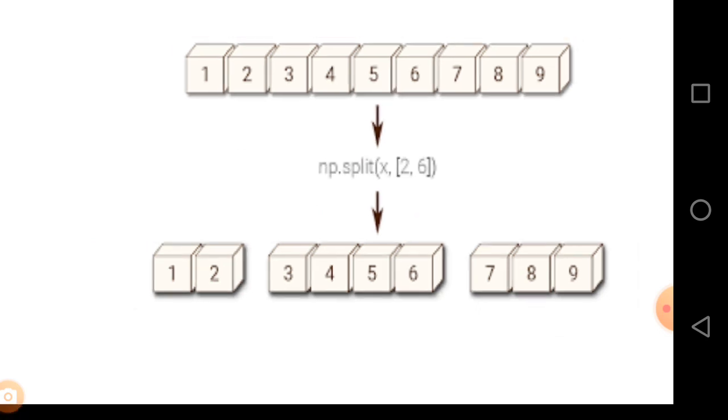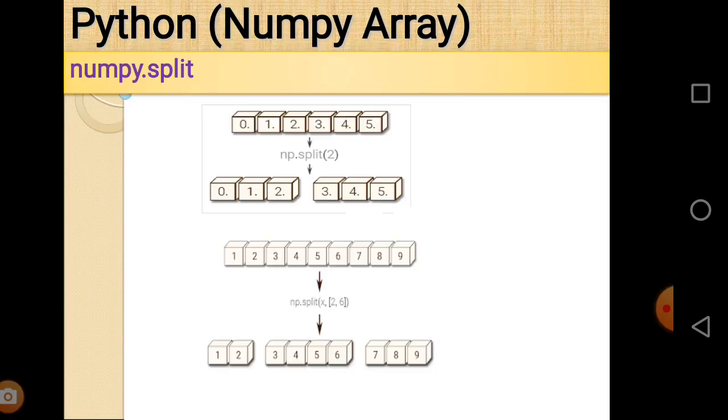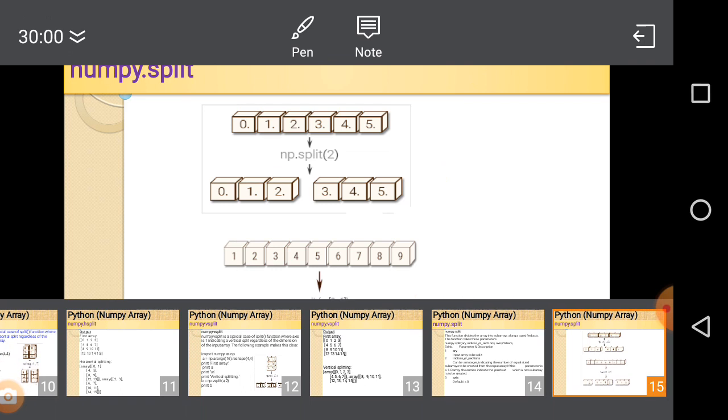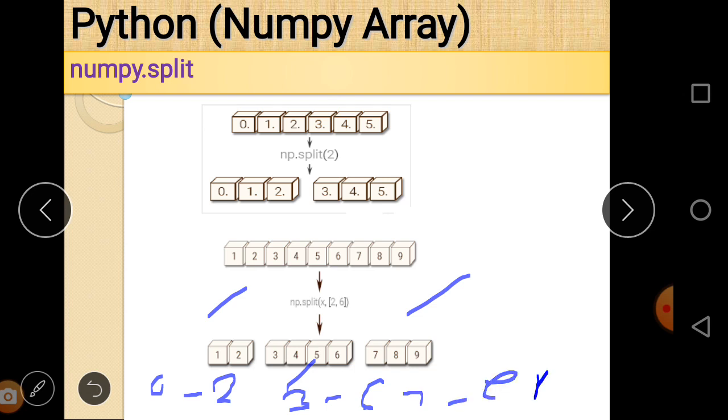So there are three arrays here: the first, the second, and the third. The first contains elements from index 0 to 2, the second contains elements from 3 to 6, and the third contains element 7 and the rest up to the end.